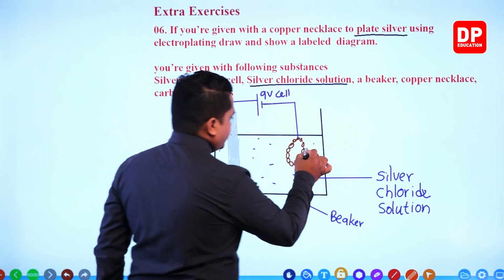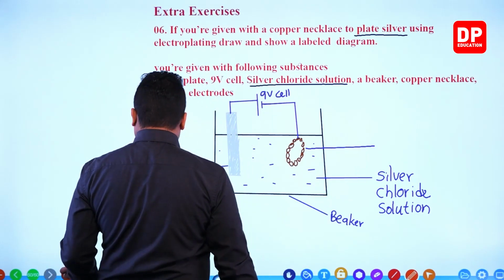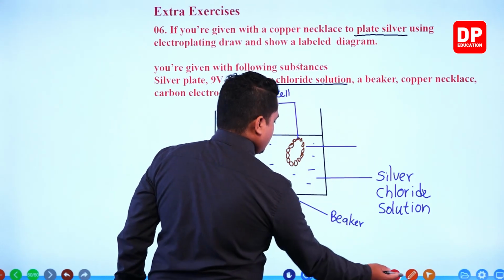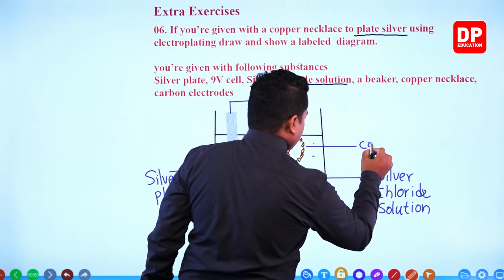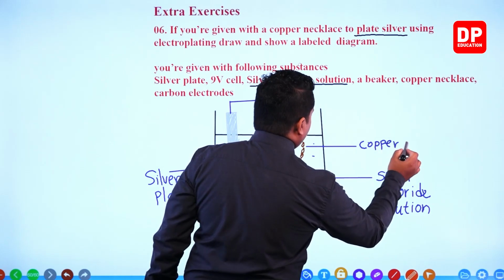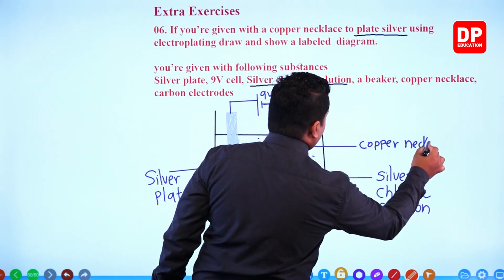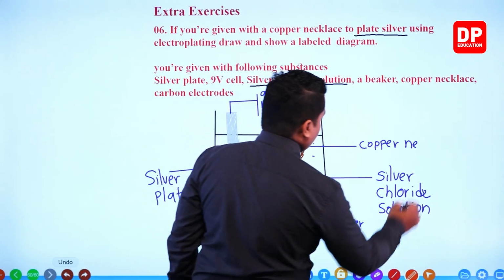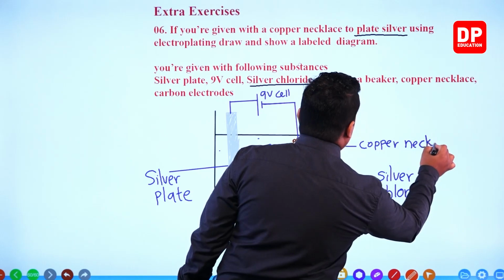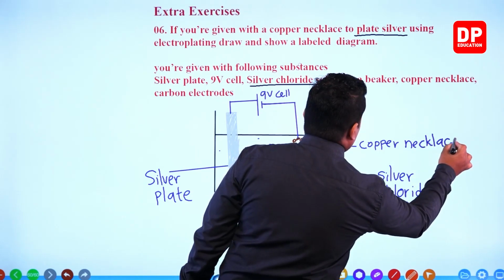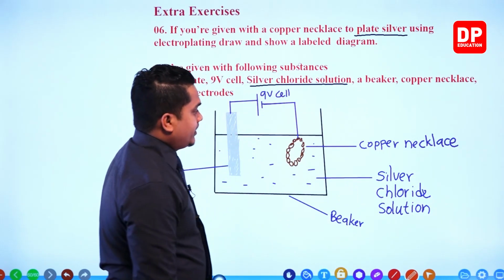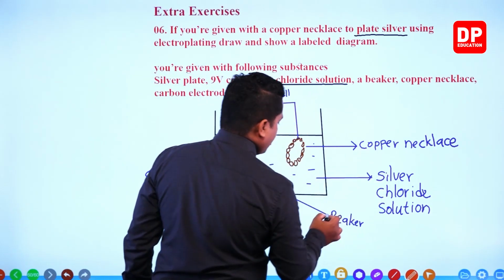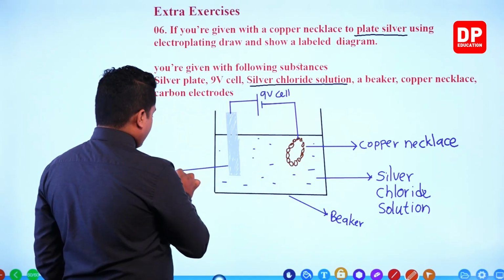Then finally this is the copper necklace. So these are the components, my dear children.